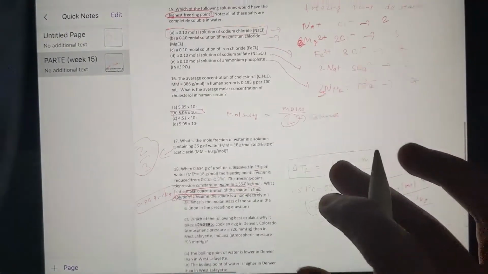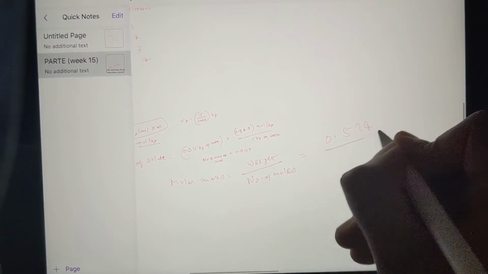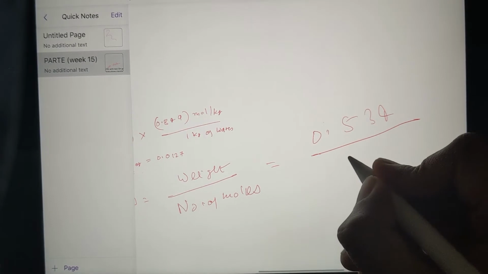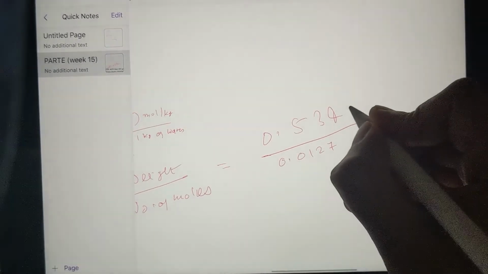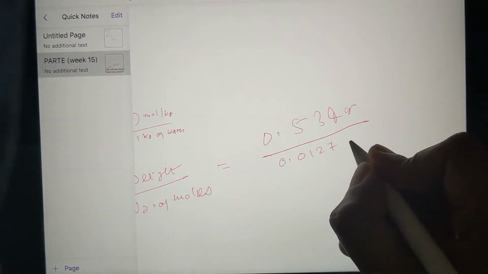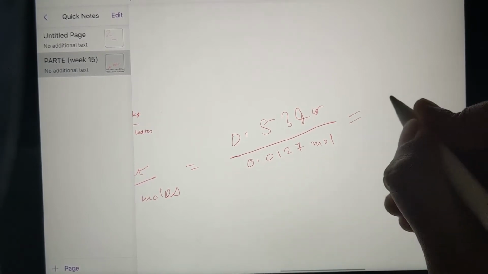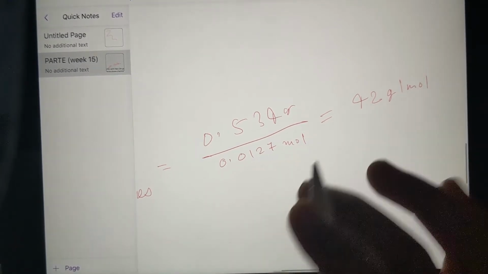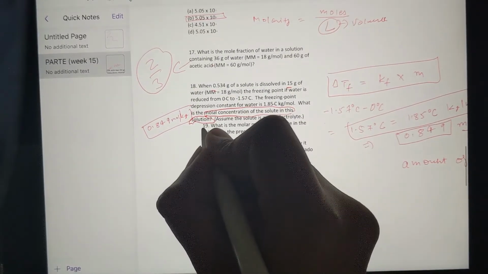So weight, you have, how much you have here, 0.534, and the number of moles is 0.0127. So you get around 42 gram per mole. So this is going to be the answer for this 19.